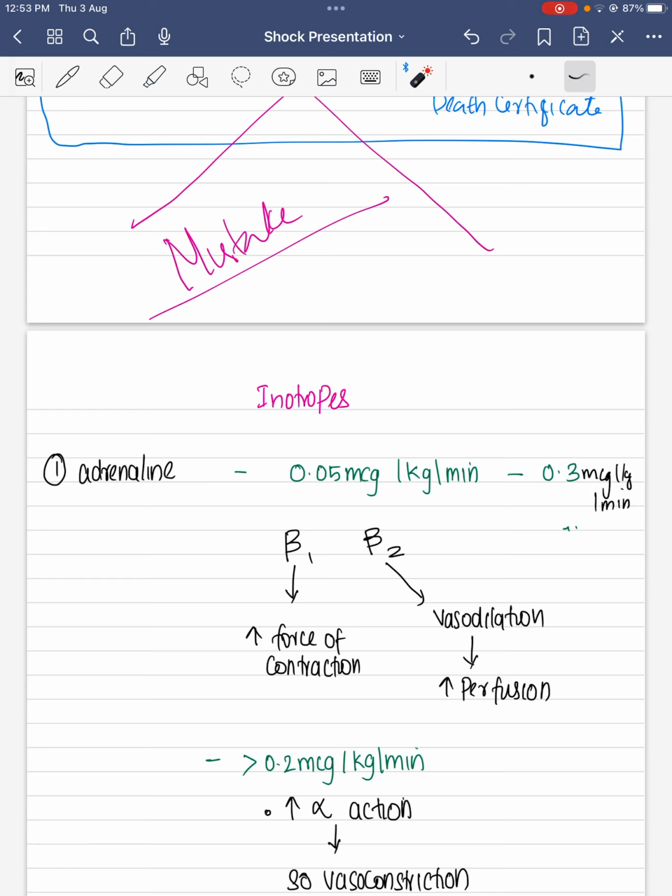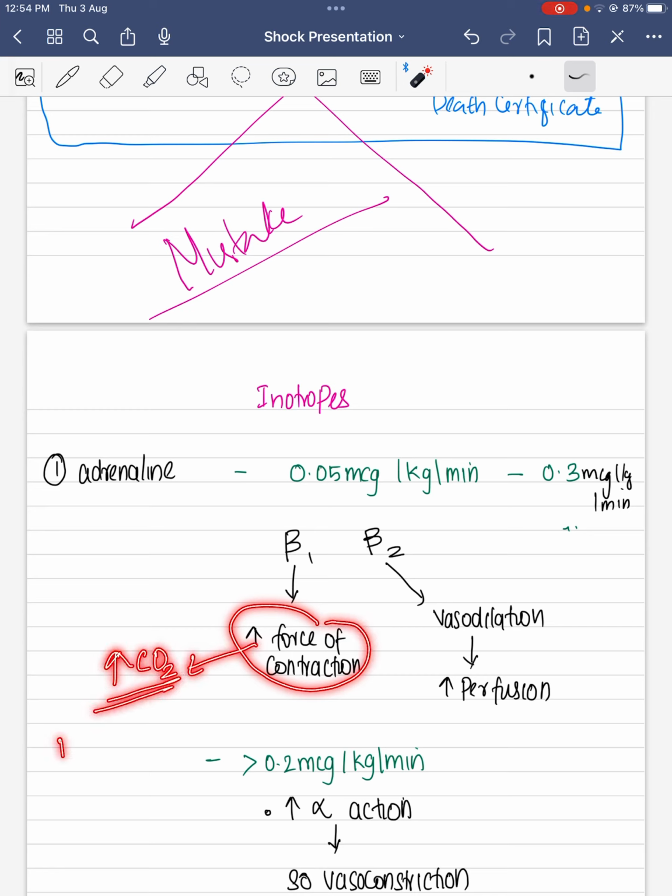Adrenaline is usually used from a dose of 0.05 microgram per kg per minute to 0.3 microgram per kg per minute. The peculiarity of adrenaline is that from a dose of 0.05 to 0.2 microgram, it will act on beta 1 and beta 2 receptors only. As it acts on beta 1, it will increase the force of contraction, so it increases the cardiac output.